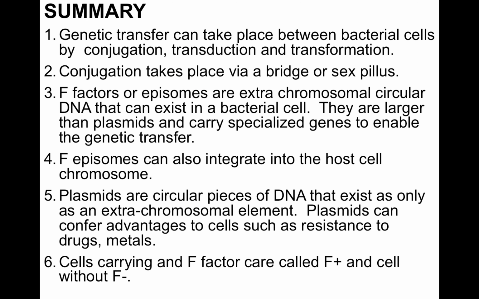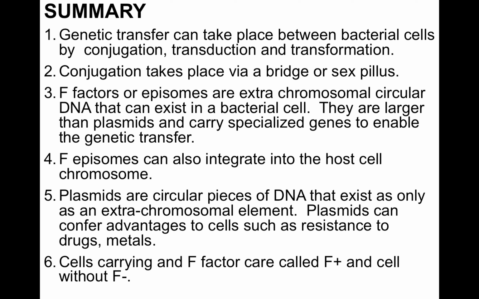So in summary, genetic transfer can take place between bacterial cells by conjugation, transduction, and transformation. Conjugation takes place via a bridge or sex pili. F factors, or episomes, are extrachromosomal circular DNA that can exist in a bacterial cell.